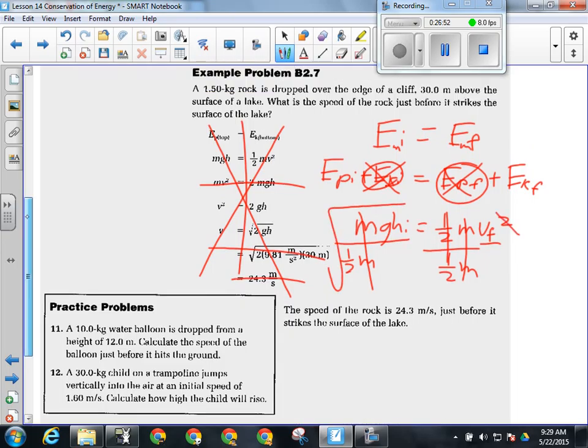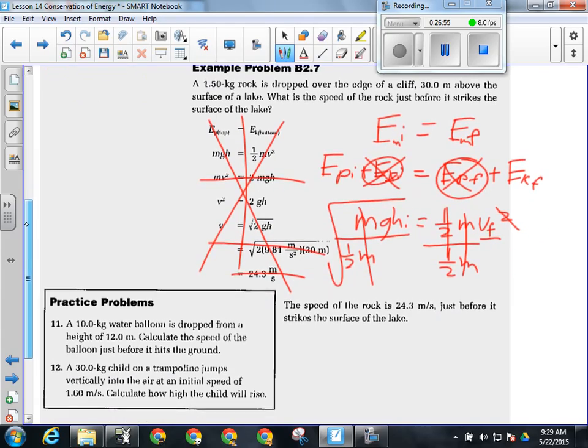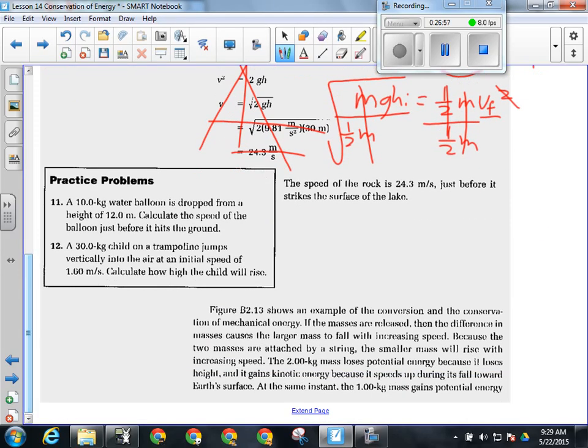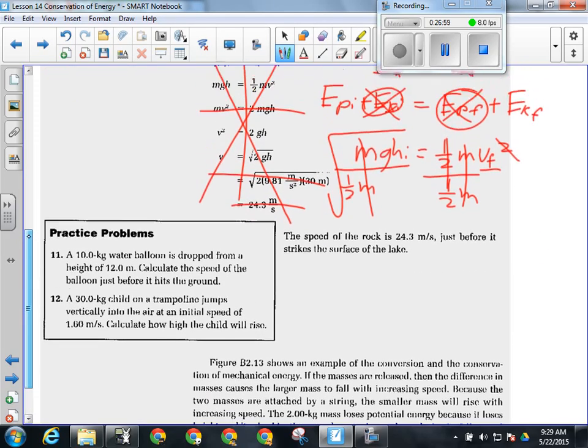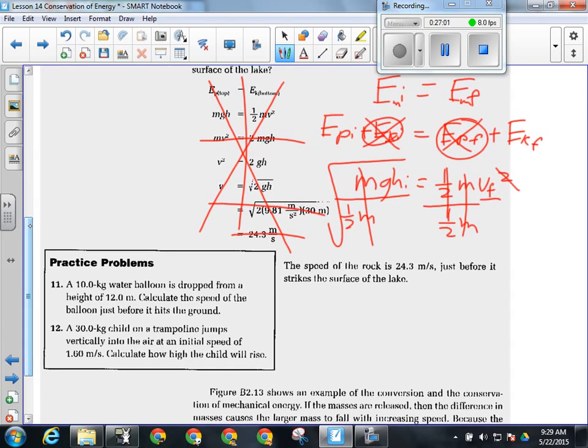So the mass of the rock was what? 1.5 kilograms, and the height was 30 meters. So I'm just going to transfer over to this side, guys. vf is going to equal the square root of 9.81 times 30 meters, divided by 1/2, square rooted.